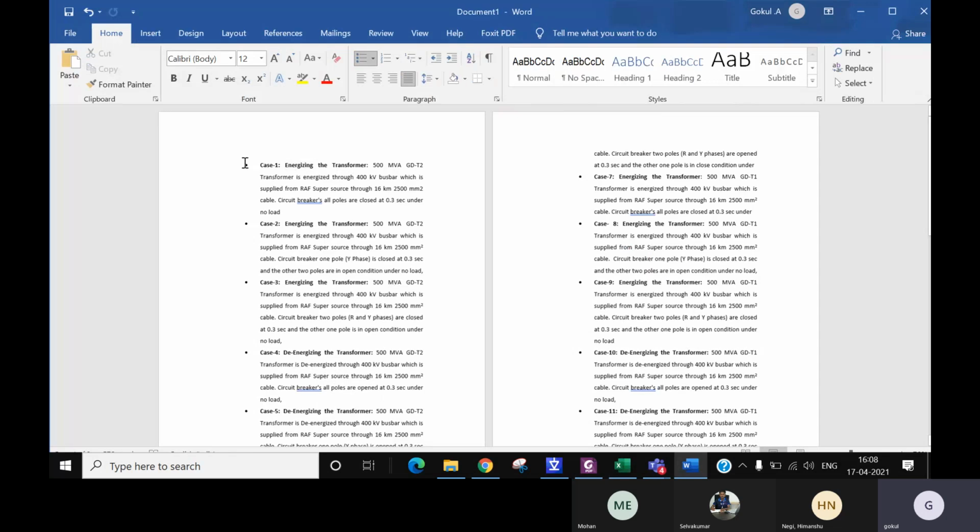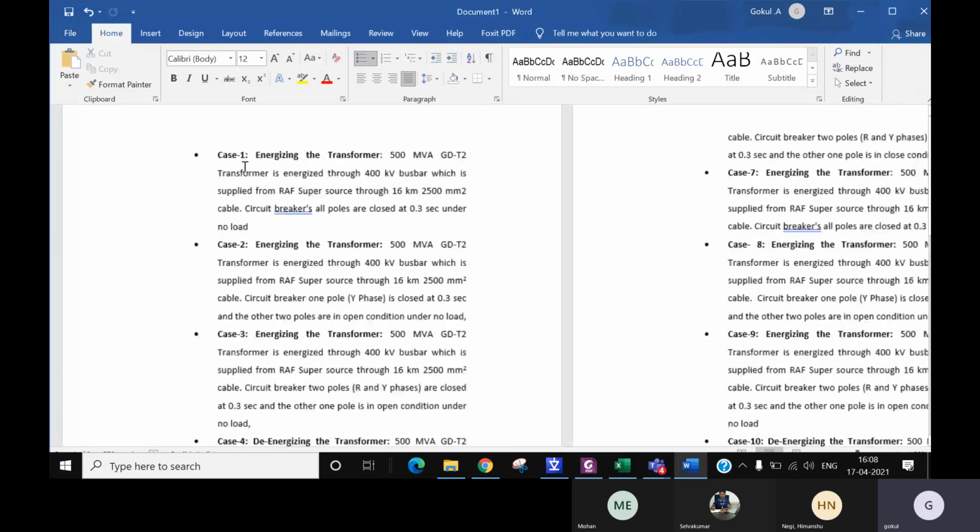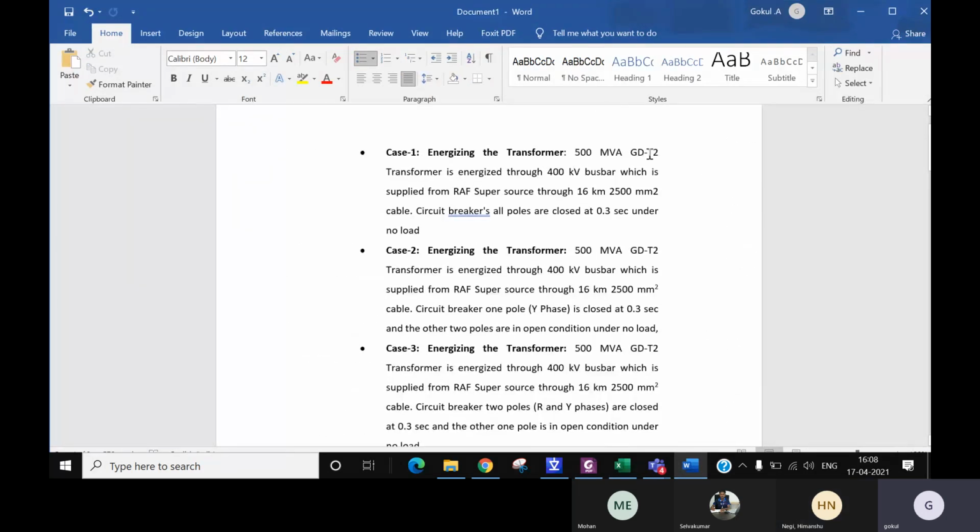The first case is that I'm going to just energize the transformer, which is 500 MVA, with all circuit breaker poles closed at 0.3 seconds. The basic part of ferroresonance is the circuit breakers, whether all the poles are closed, or only one pole is closed, or only two poles are closed.